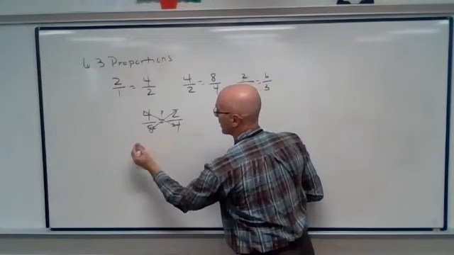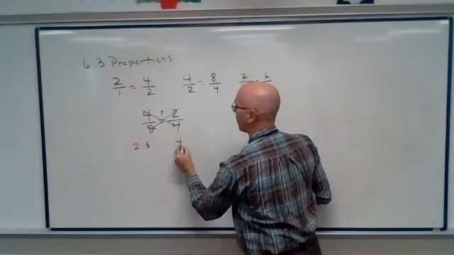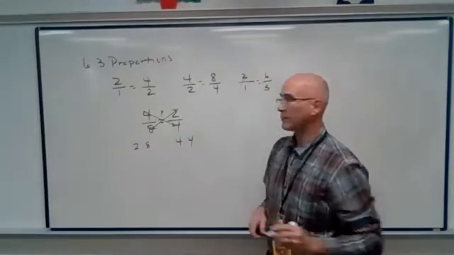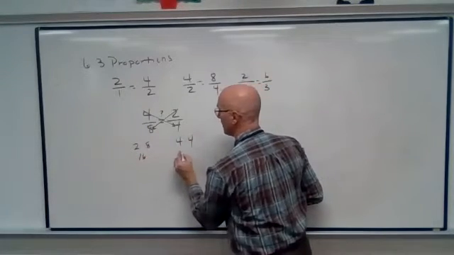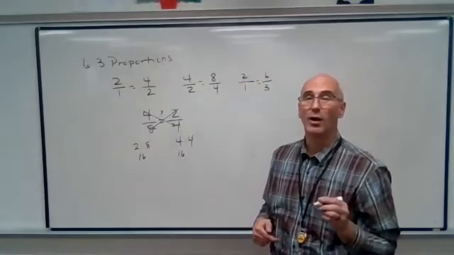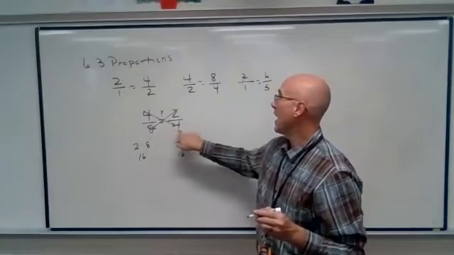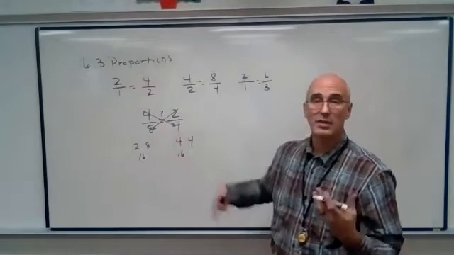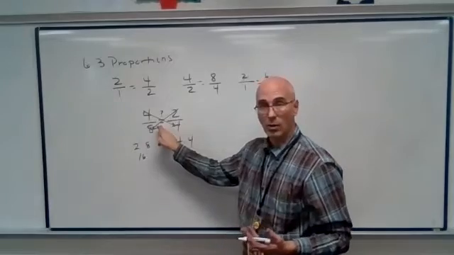So this is 2 times 8, and this is 4 times 4. 2 times 8 is 16. 4 times 4 is 16. So therefore, 4 to 8 and 2 to 4 is a proportion. These two ratios are equal.